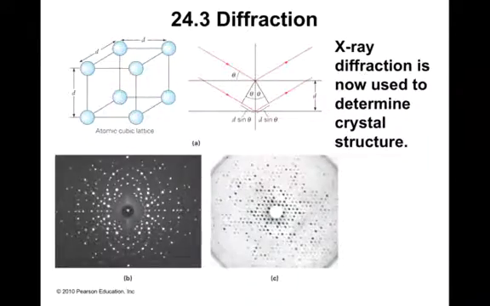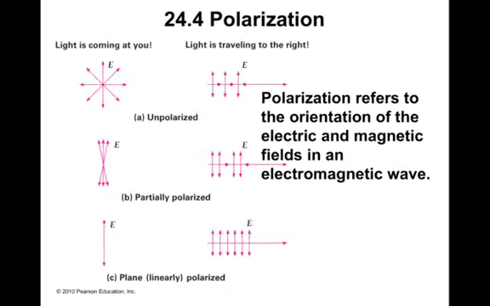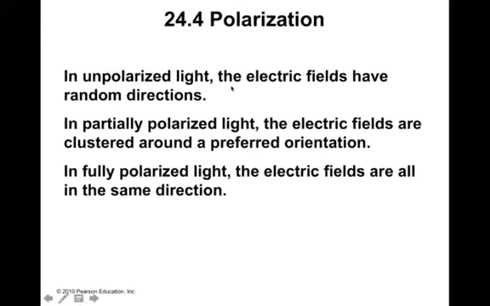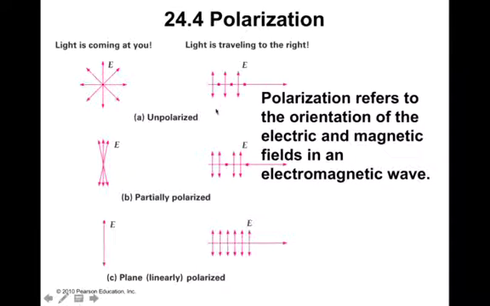Okay, so here's polarization. Light's coming at you, and I think we talked about this. Now we're getting a sideways view. Remember, the vector is coming towards us here. This tells us that it's going in both directions, so we've got light going in all directions everywhere. This is unpolarized. Now when it's partially polarized, some of the X components have been knocked out.